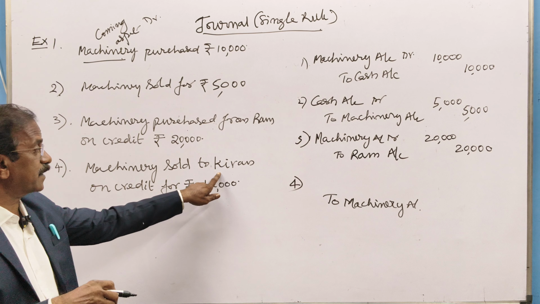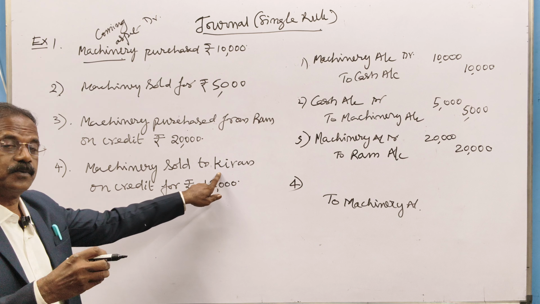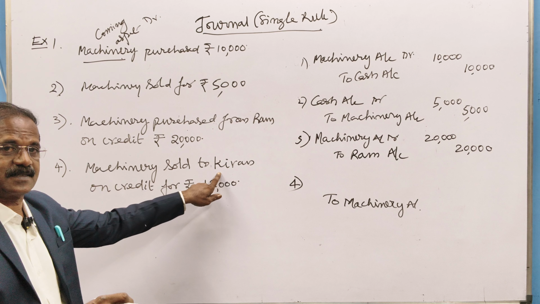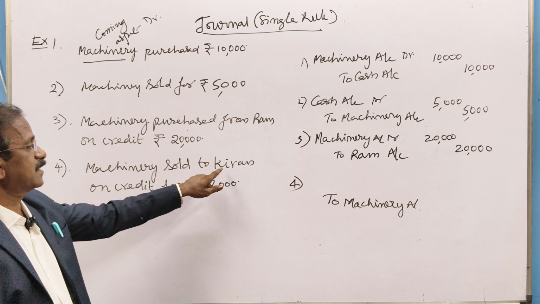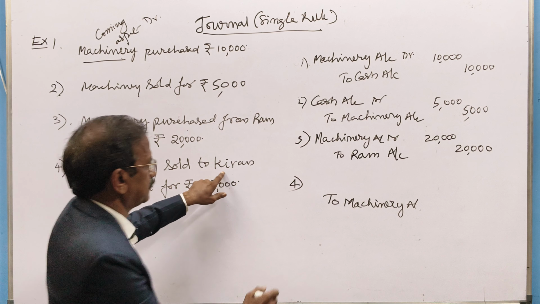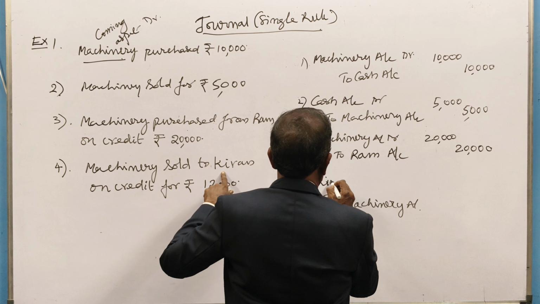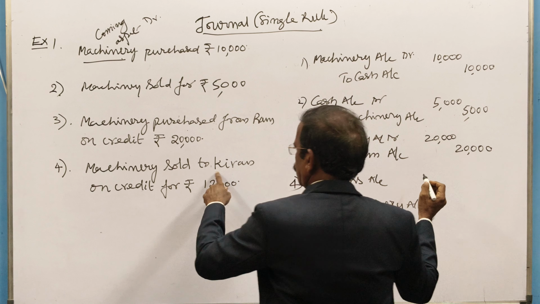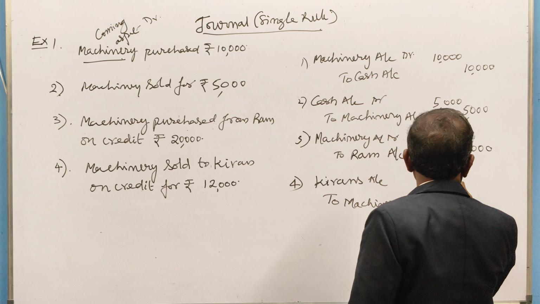For that coming aspect, the person who is receiving, that person's name is debited. The person here is Kiran. So Kiran's account. Now the amount is 12,000.